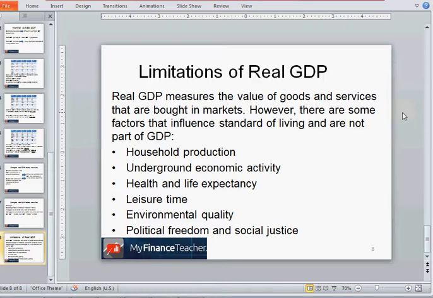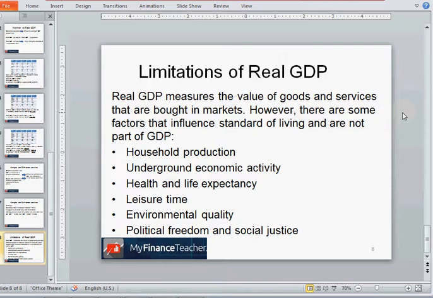Underground economic activity that also might add to our standard of living is also not calculated as part of real GDP. The quality of our life in terms of the amount of leisure that we have, the health that we have, the life expectancy, environment quality, and all of the political freedom that we enjoy, all of that is not included in the measurements of GDP.